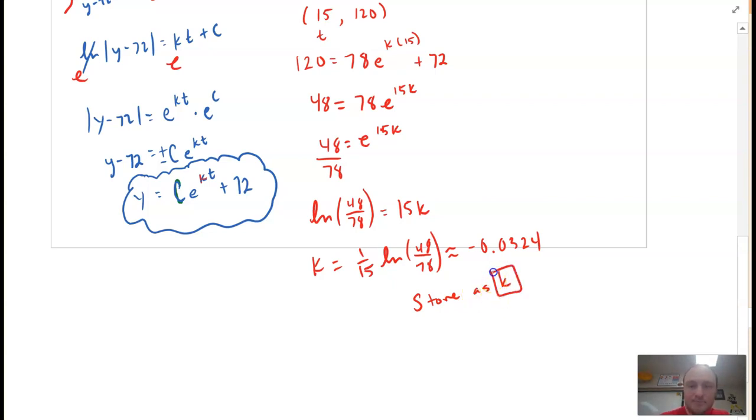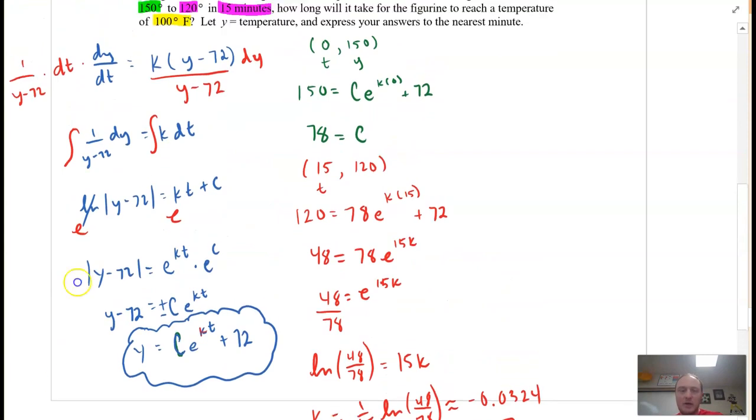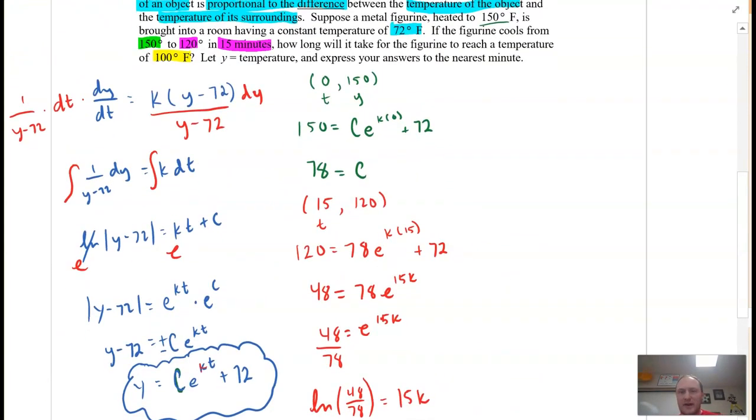All right. So now let's go ahead and answer the final question. They say, how long will it take for the figurine to reach 100 degrees Fahrenheit? They want to know how long for it to reach 100 degrees.